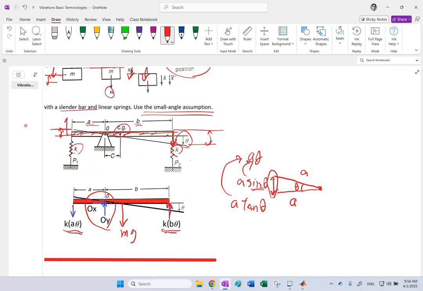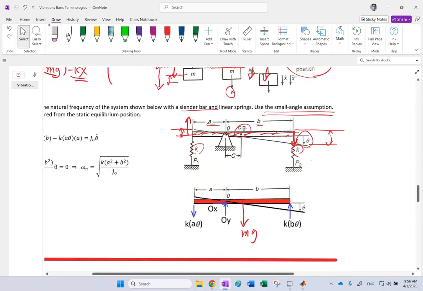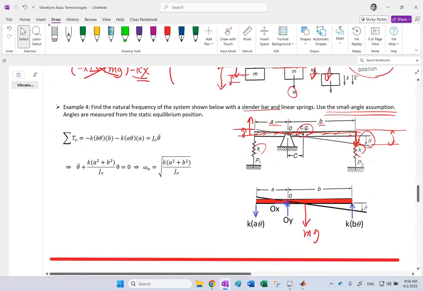This side the spring goes up, so it's going to pull back, so it's going to be downward. So that is your total FBD of this system in a situation where there is deflection by angle theta, or displacement angle theta, deflection theta really. It's not a pure displacement.